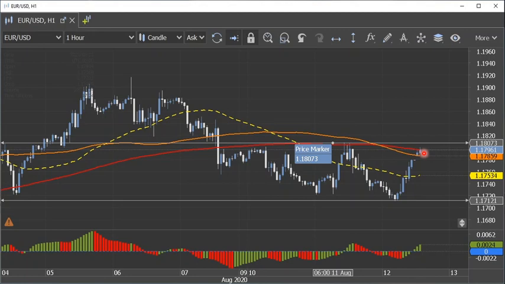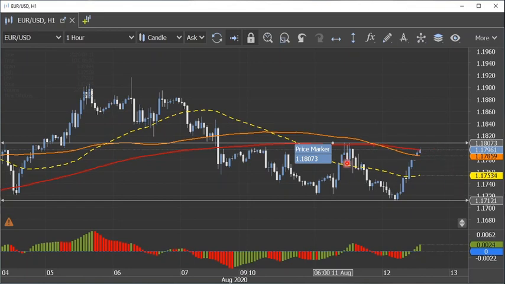And unless we have a clear break above that, we can continue to bet on euro USD finding resistance closer to this area, and then continuing to trade lower.